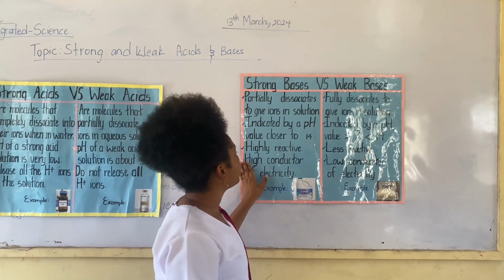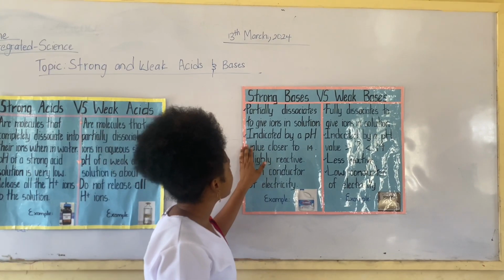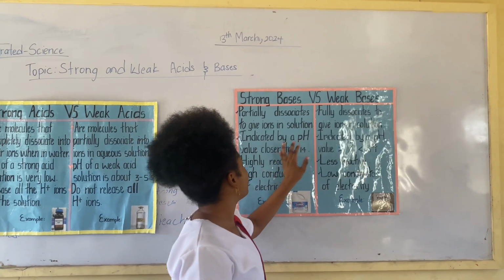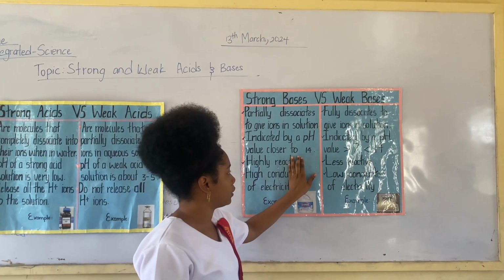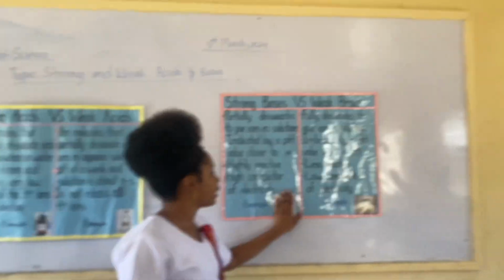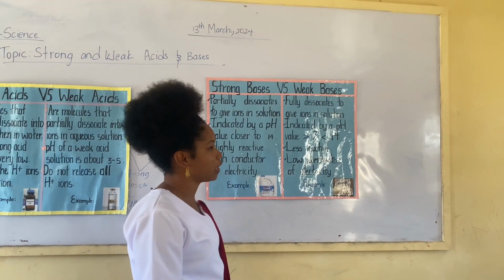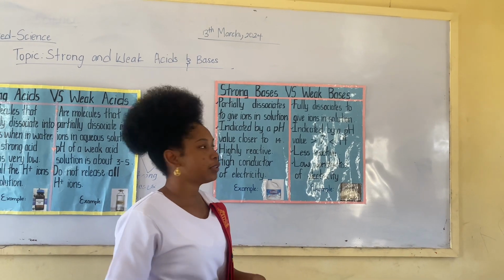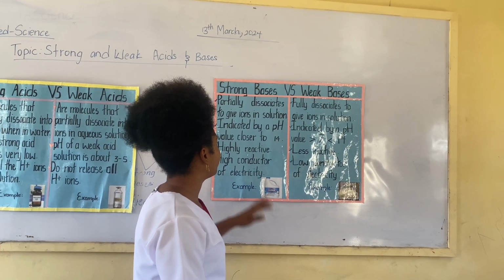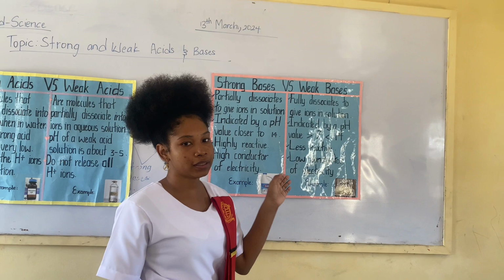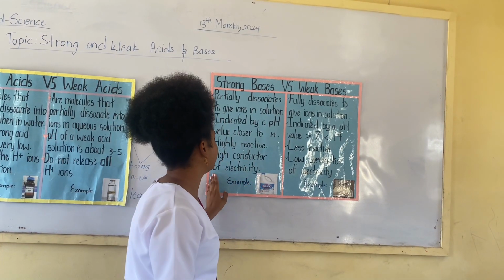The second point, strong bases are indicated by a pH value closer to 14. Like we said on the pH scale earlier, strong bases start from 11 to 14, because the stronger the base, the closer to 14.